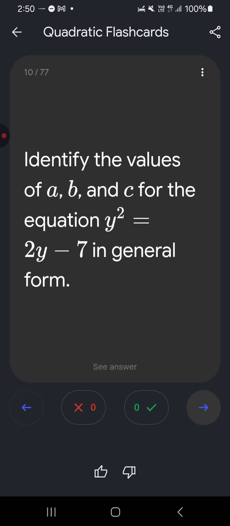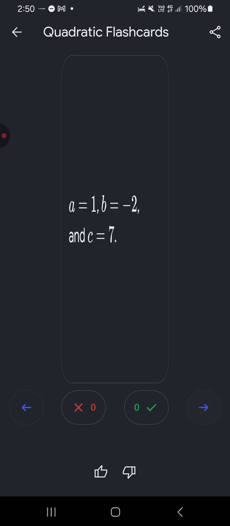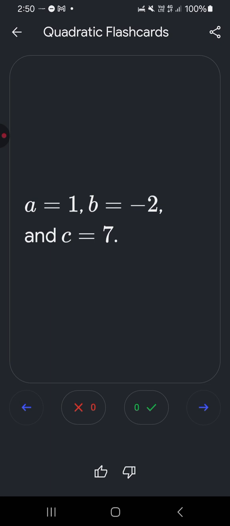Identify the values of a, b and c for the equation y square is equal to 2y minus 7 in general form. A is equal to 1, b is equal to minus 2 and c is equal to 7.